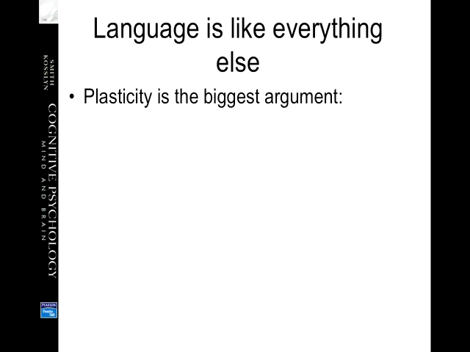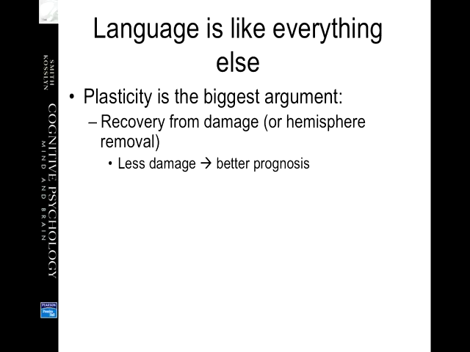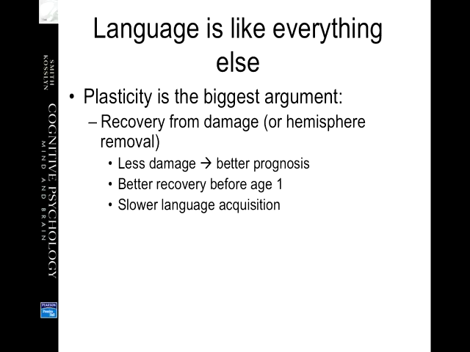So plasticity is probably the largest argument for language being like everything else. Plasticity is the idea that if you have a stroke or a lesion in the brain, like a tumor, your brain will work its way around that area.